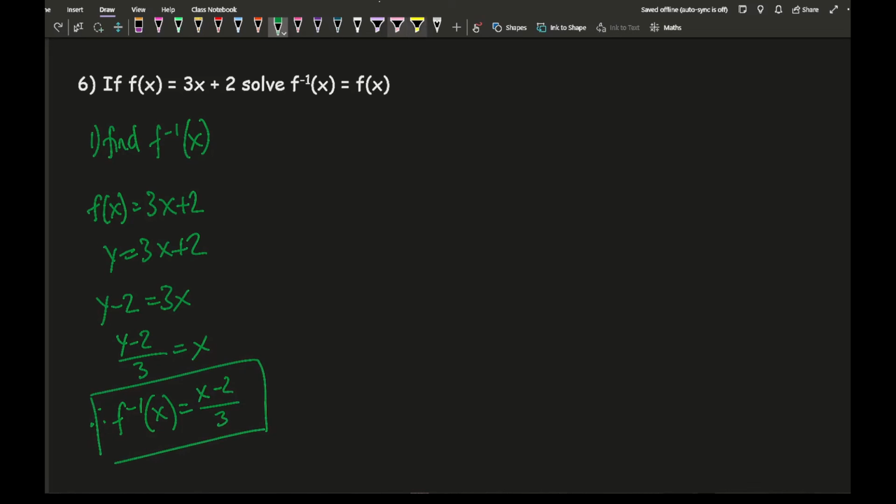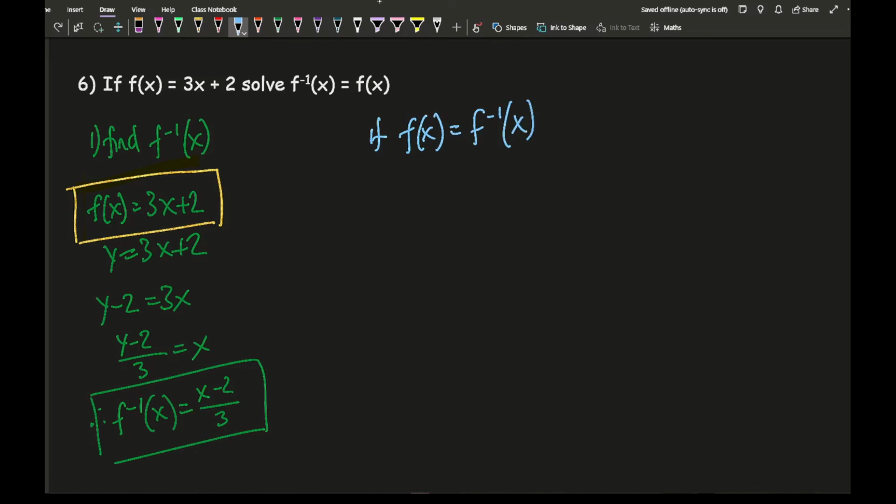Now from this, what I want to do is make these two things I've put in boxes equal to each other. So if f of x equals the inverse function of x, which I know is written the other way around in the question, but it's both the same. So here I've got (x minus 2) over 3 equals 3x plus 2.